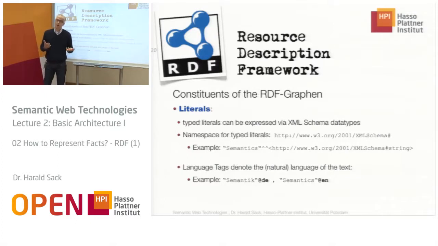Also, of course, I can use data types, and I can reuse things that can be expressed via XML schema data types. So I have to include into my RDF document the namespace for XML schema literals, pretty simple. And then I can state this is a literal. So I have here quotation marks, the semantics. And then I have to add the URI of the data type I am referring to. And this is then the namespace for the XML schema data type, then a hash as a fragment identifier, and then the type I am referring to.